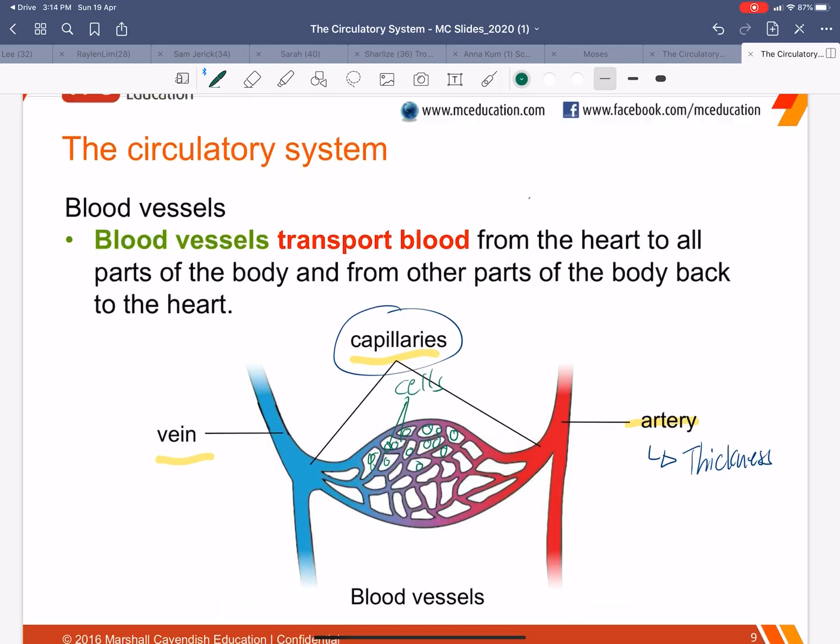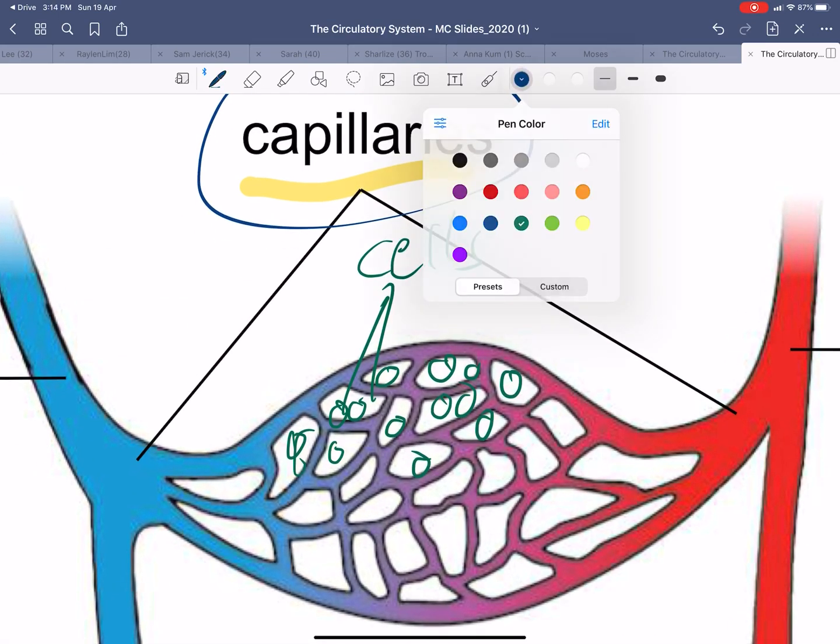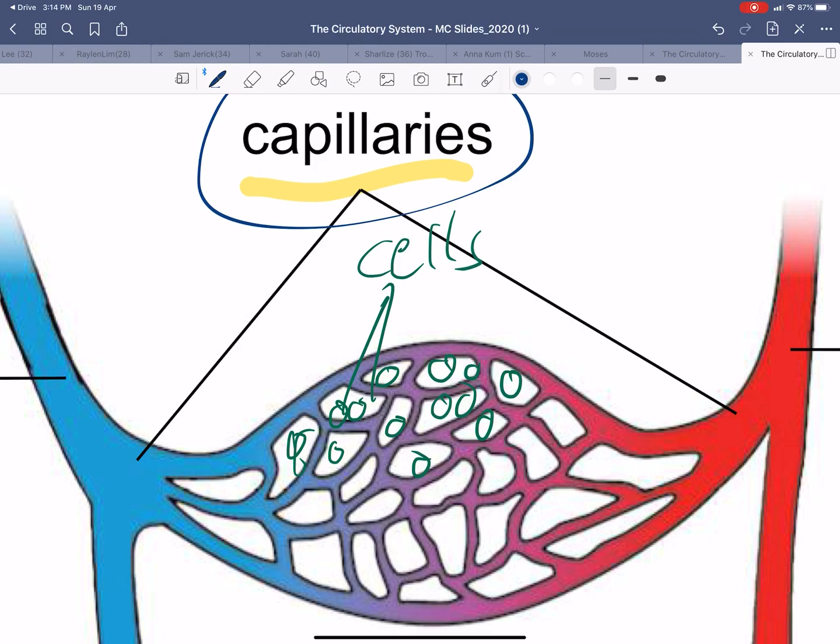It enables your oxygen to flow in and out very quickly. Going in will be your oxygen, and going out back into the bloodstream would be your CO2, carbon dioxide, and O2 is oxygen. By having this network of capillaries, which is single cell and very thin, you're able to deliver your oxygen and digested food much more efficiently because of the increase in surface area.